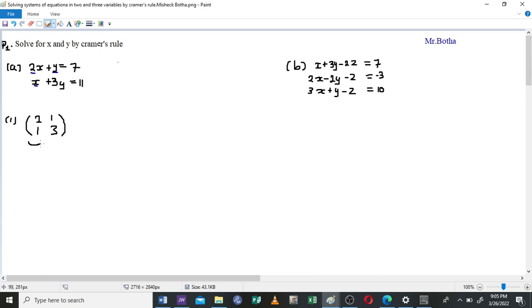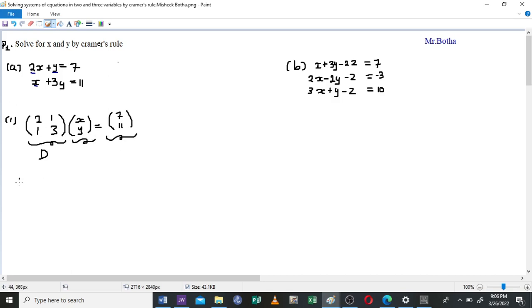We call this a matrix of coefficients, usually denoted by D. Then I'm going to write what we call the matrix of variables, showing you the variables that you have. So we are dealing with x and y variables. And finally, we write the matrix of constants. So we have 7 and 11. This is the matrix of constants, the matrix of variables, and D is the matrix of coefficients.